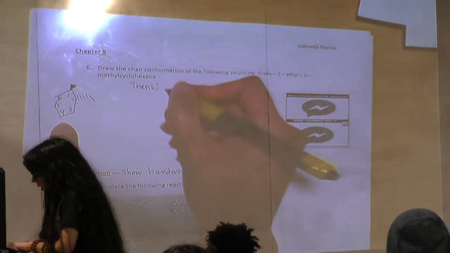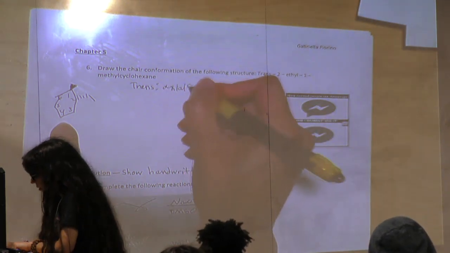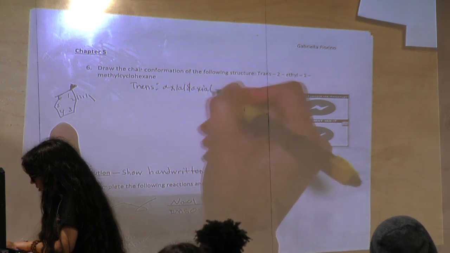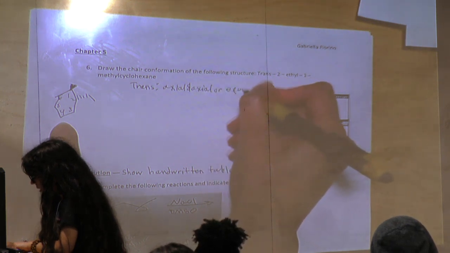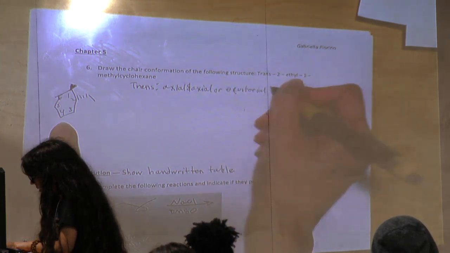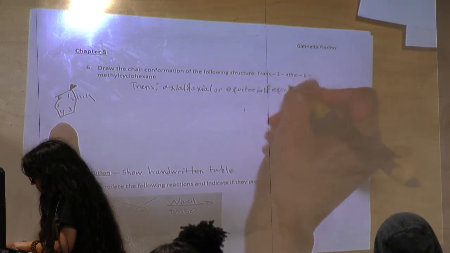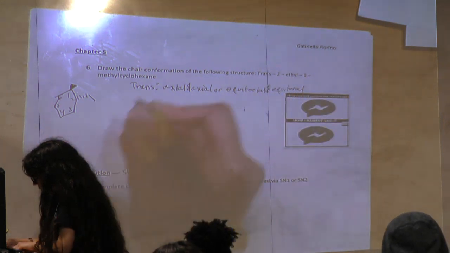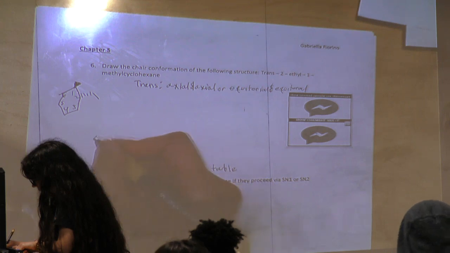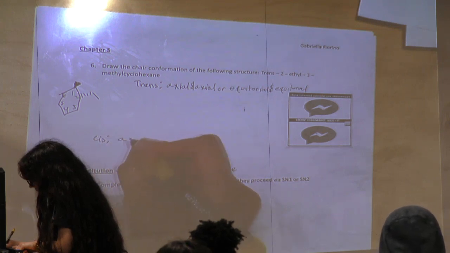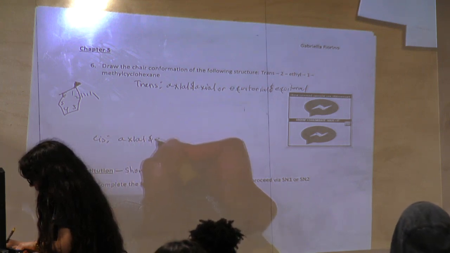So it has to be either axial and axial, or equatorial and equatorial. If you're doing something cis, I'll write cis down here, you're going to have axial and equatorial.